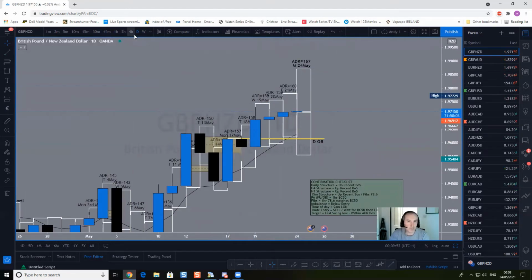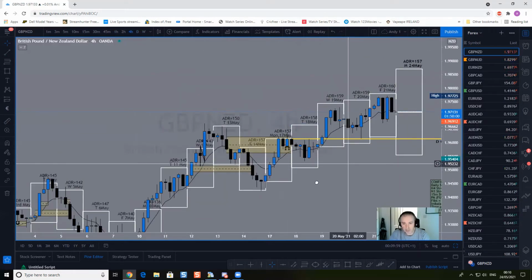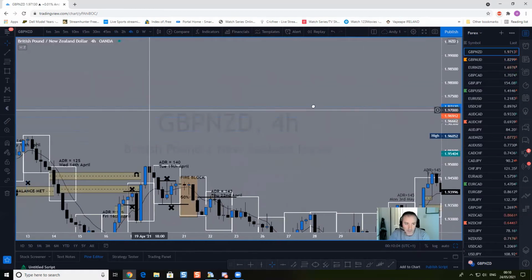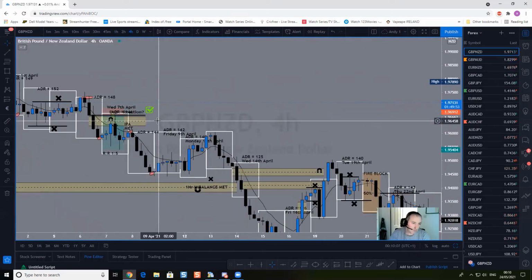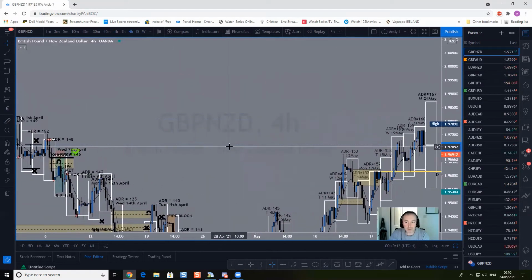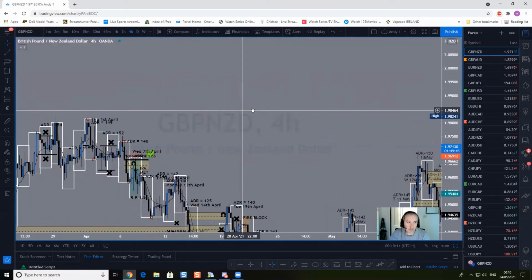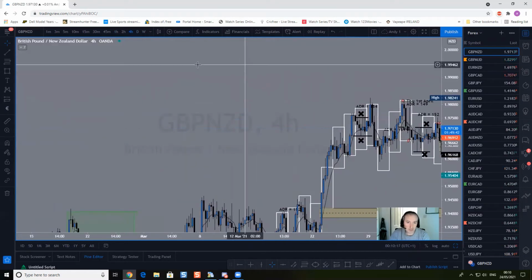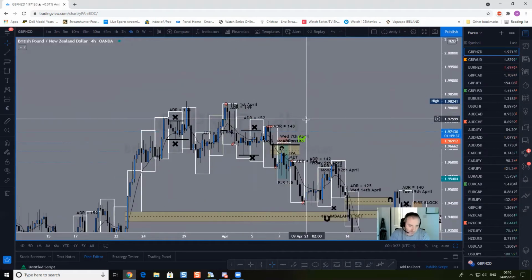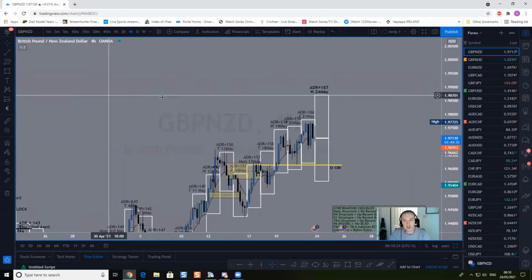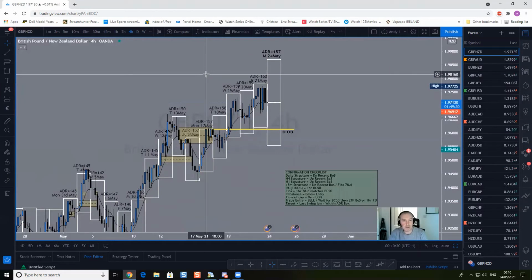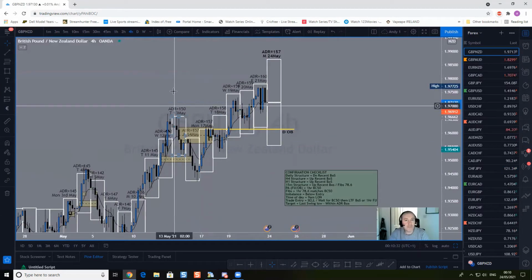So let's go to the 4 hour and see what we can see. There was nothing a long time ago, and there's not a lot up here, to be honest. Looks like price could push down.